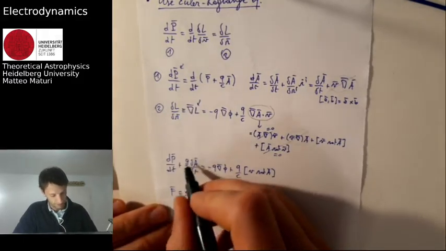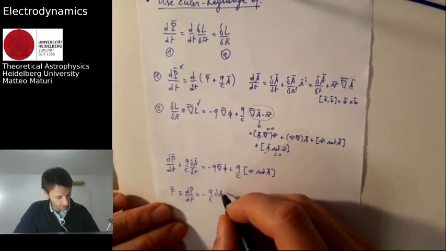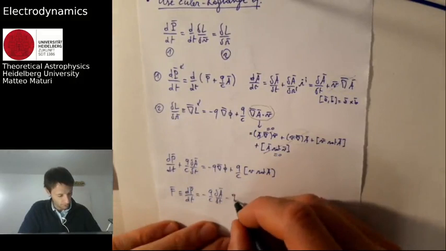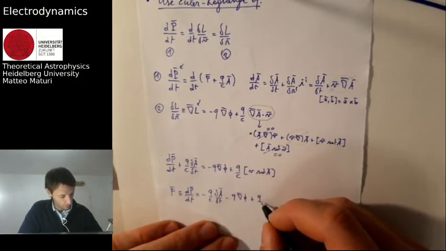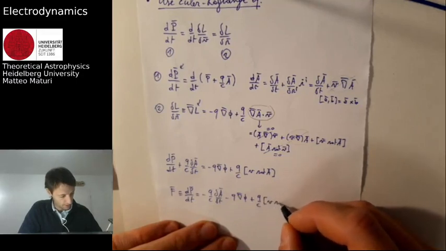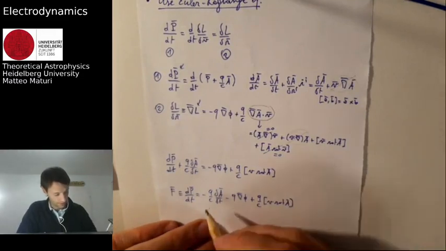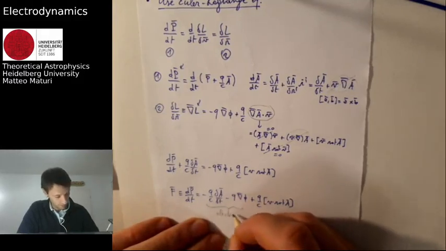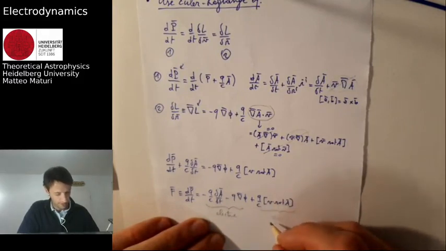I bring this guy on the other side, minus q over c dA/dt, then minus q gradient of phi plus q over c v rot of A. And now look, this is related to the electric component of the field, and the rotor is related to the magnetic part.